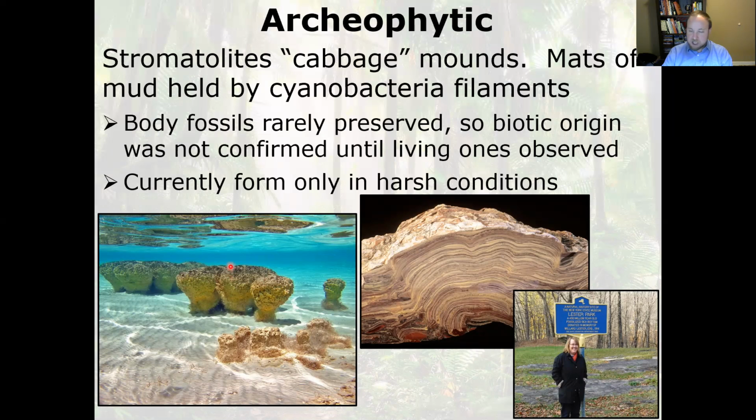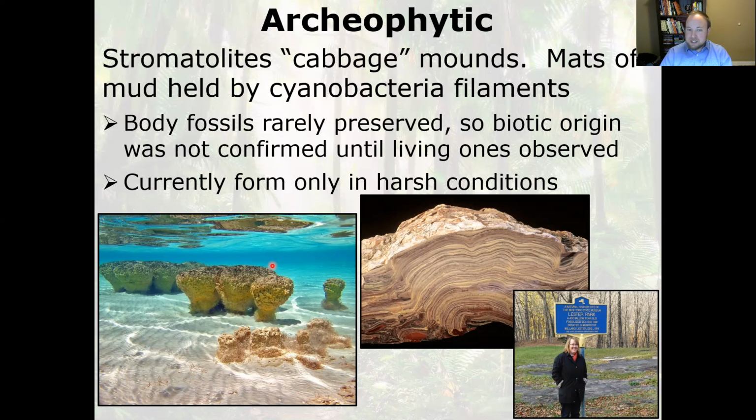This is from Shark Bay in Australia, and it's one of the few places on Earth where stromatolites still exist. Currently they only form in very harsh conditions, but back in the Archeophytic, they were everywhere. They were global, probably covering everywhere that there was enough water to sustain them.